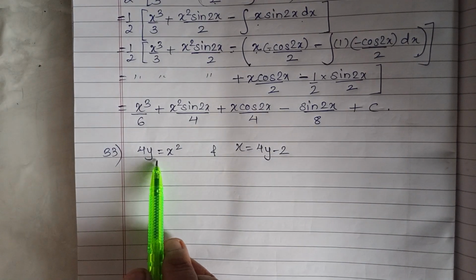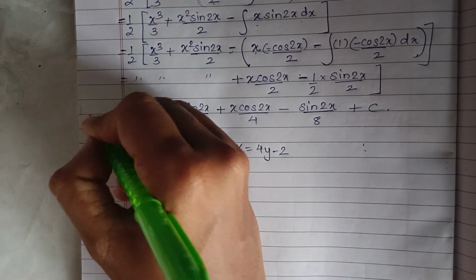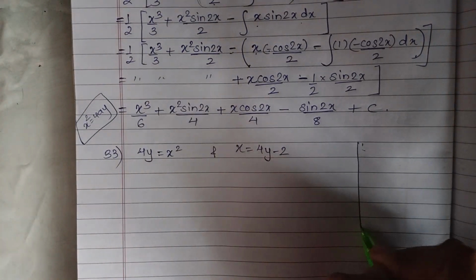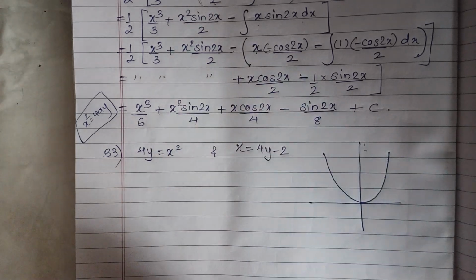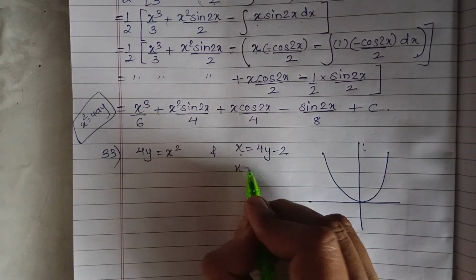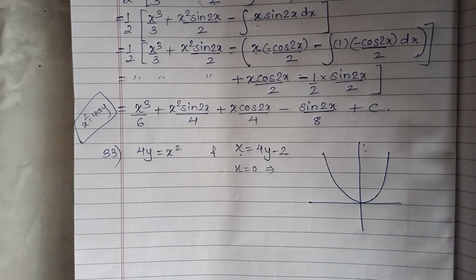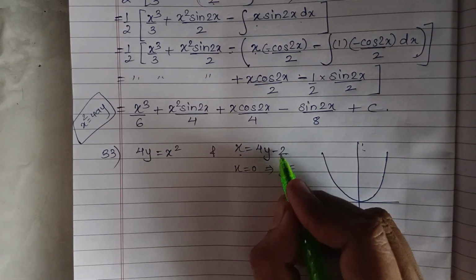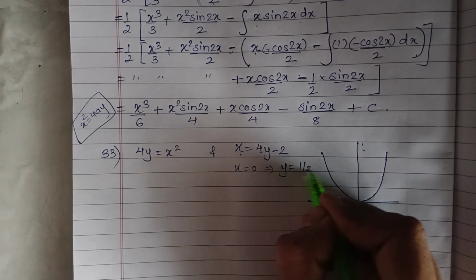Now this is an upward parabola, that is x square equal to 4ay. For the line, when you put x equal to 0, you will get y equal to 2 divided by 4, half.